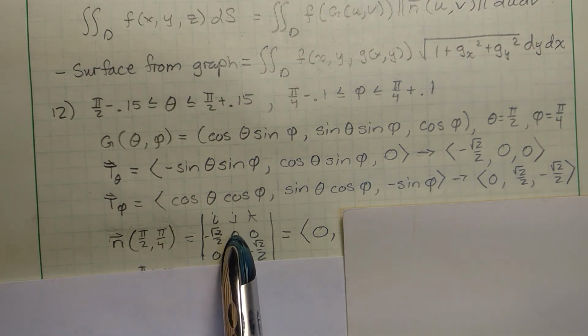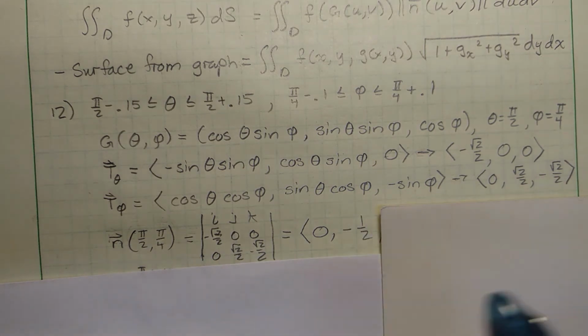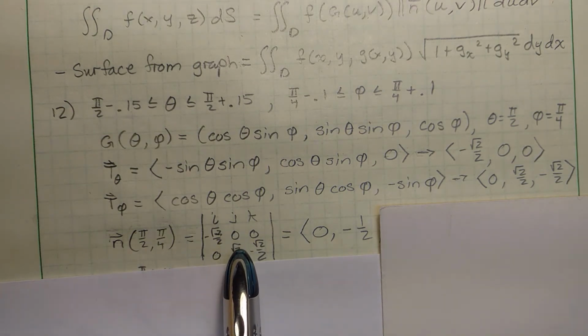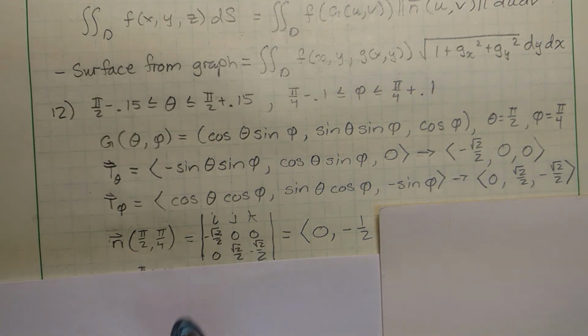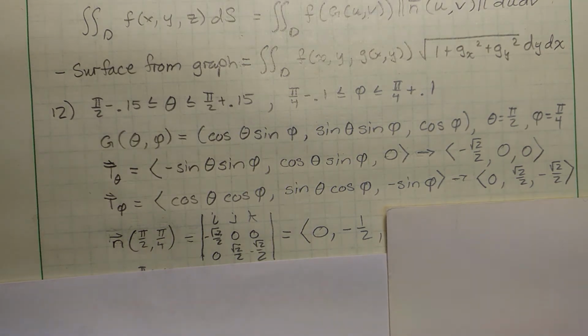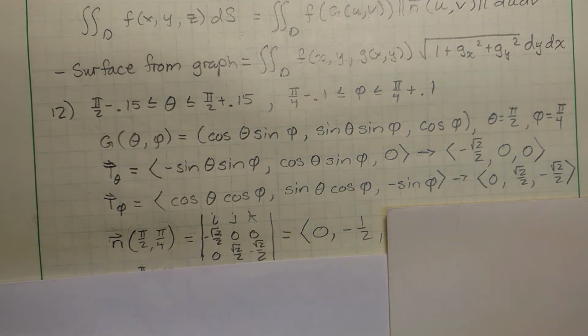For the next component, we have a negative 1/2 when we multiply these, but we subtract that negative 1/2, so, sorry, positive 1/2. Didn't see the negative there. My pen was covering it up. So we subtract that positive 1/2, so we have negative 1/2. Then doing the last one, we've got a negative 1/2, and we actually just add that one. So this is our normal vector.